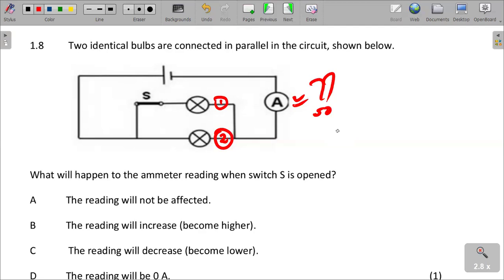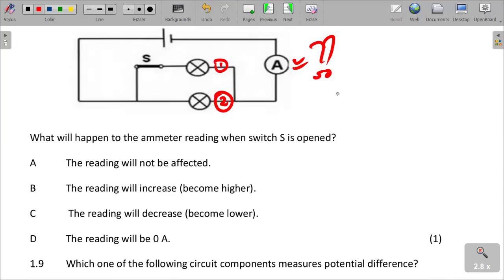Yes, because there is a connection that is cut there, so the reading will decrease or become lower.